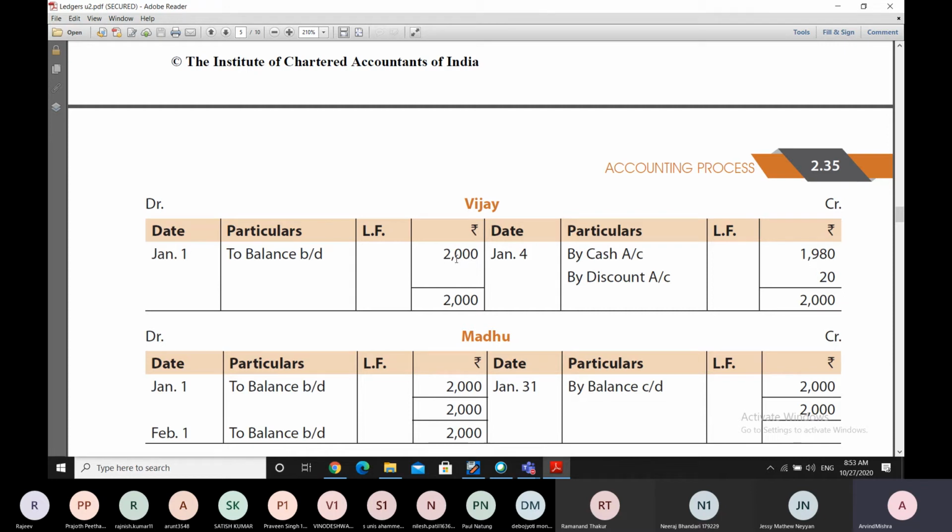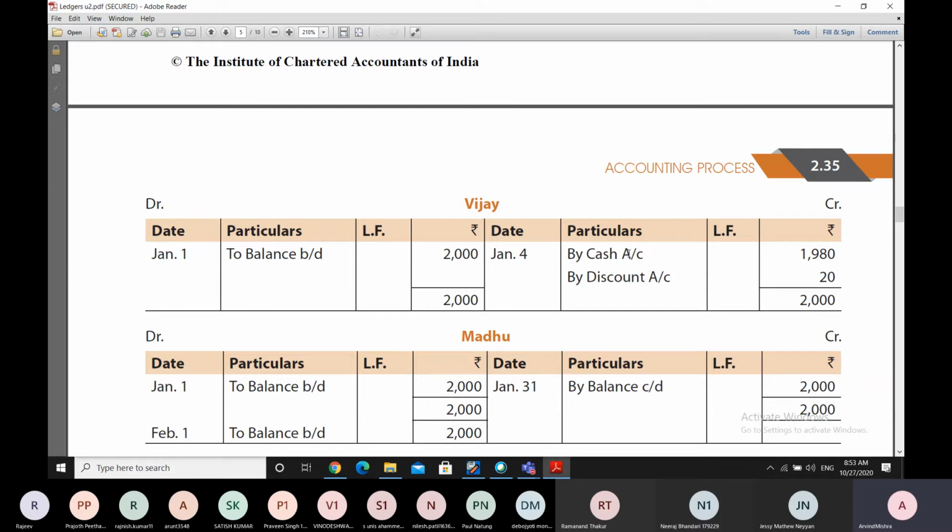So when we make a discount entry, we credit Vijay's account by the 20 rupees discount, and we debit the discount account by 20 rupees. So allowing discount, what we are doing is we are crediting Vijay's account by 20 rupees and debiting discount account by 20 rupees.